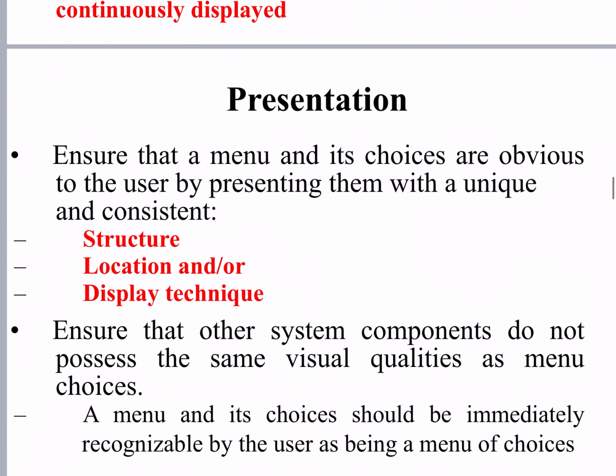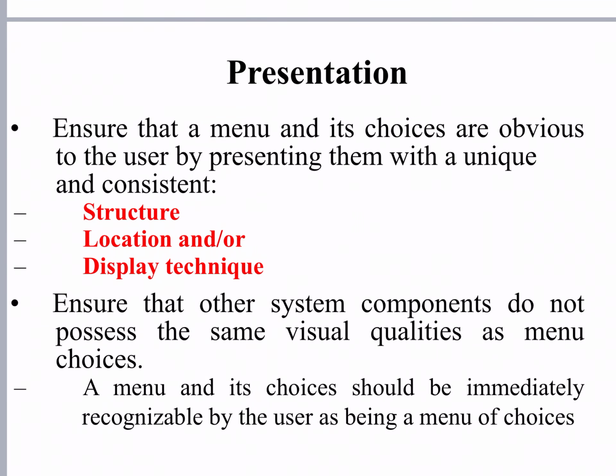When it comes to presentation, the presentation of a menu matters a lot because we are presenting a menu so that the users can see it and have certain choices. So ensure that a menu and its choices are obvious to the users by presenting them in a unique and consistent way.